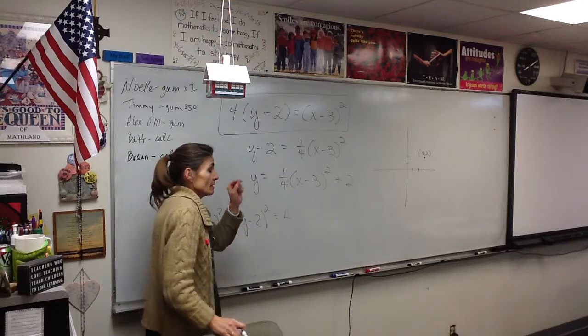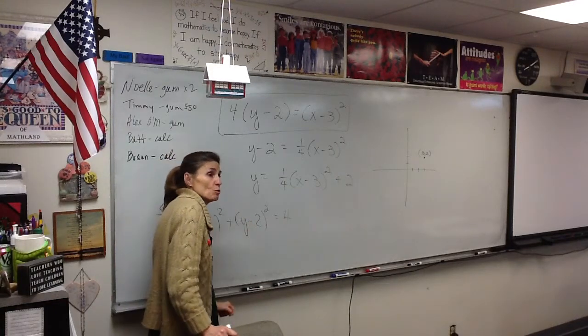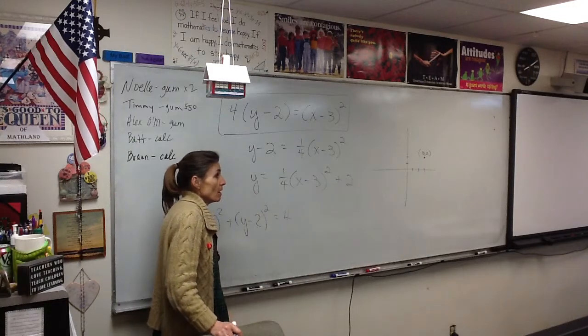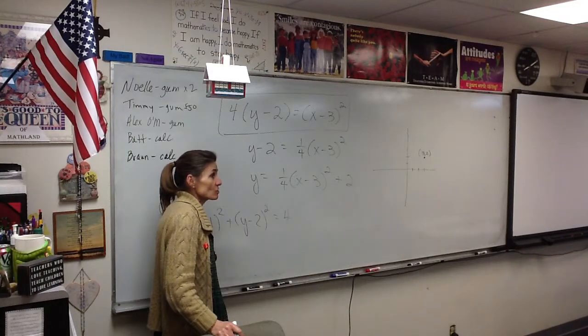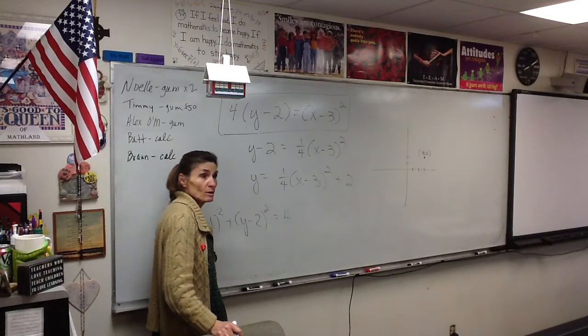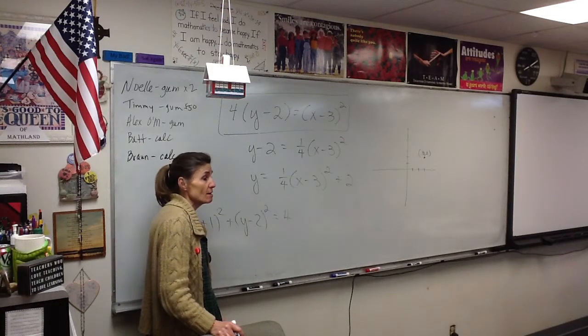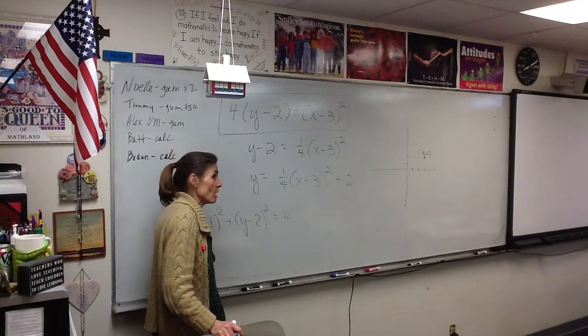Now, this parabola opens which way? Up. If you have an x squared parabola, it's going to open either up or down. It's a quadratic function, y equals x squared, one of your basic functions, right? It opens either up or down.